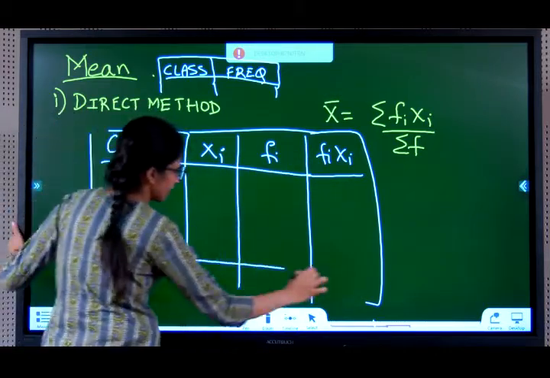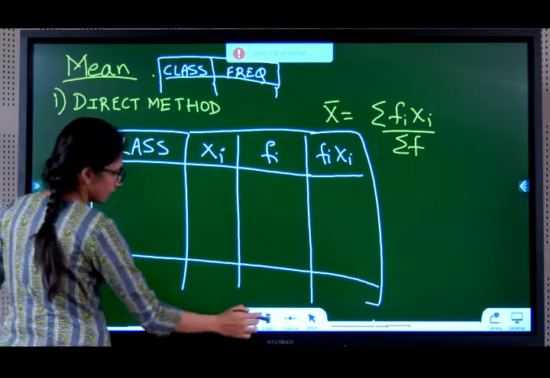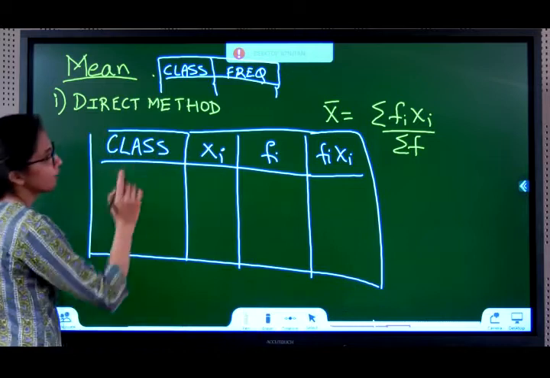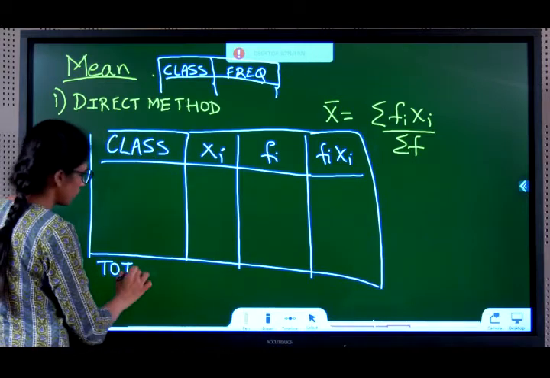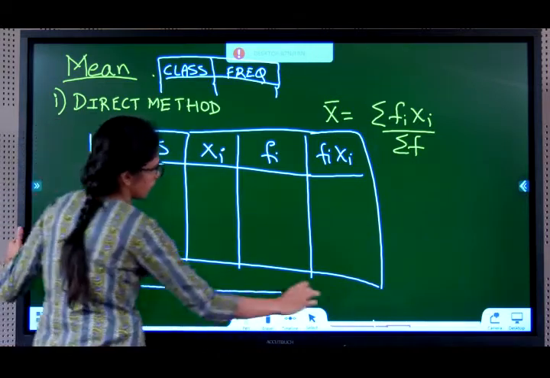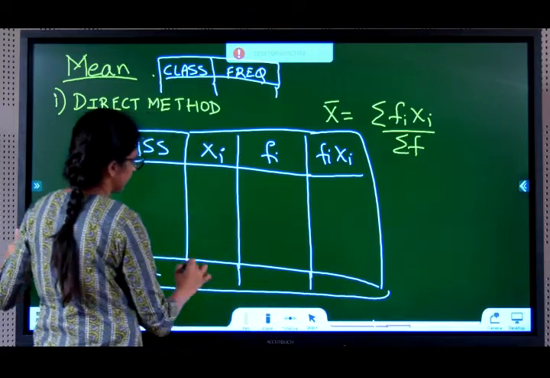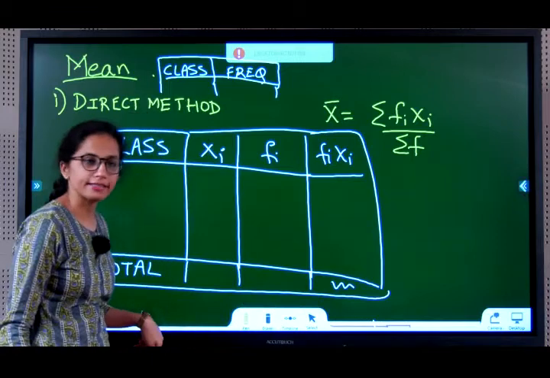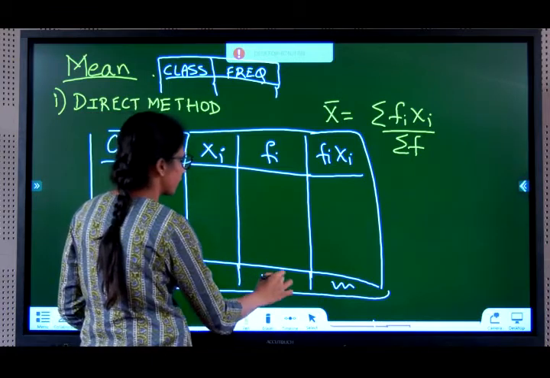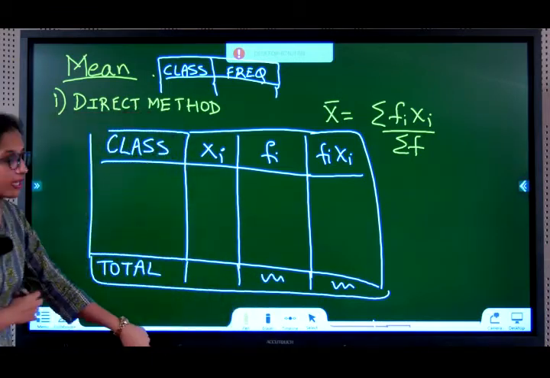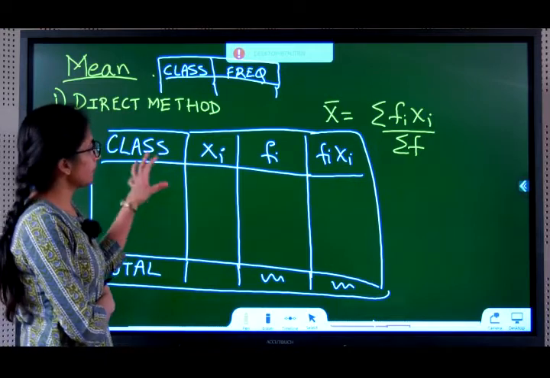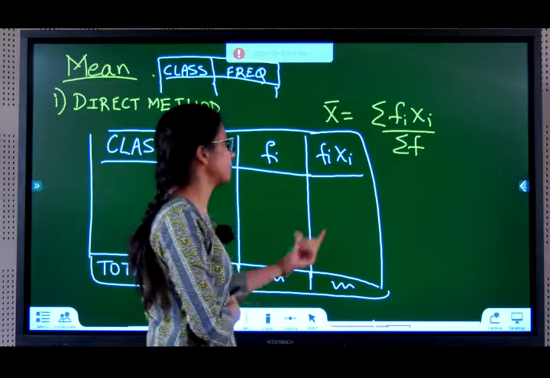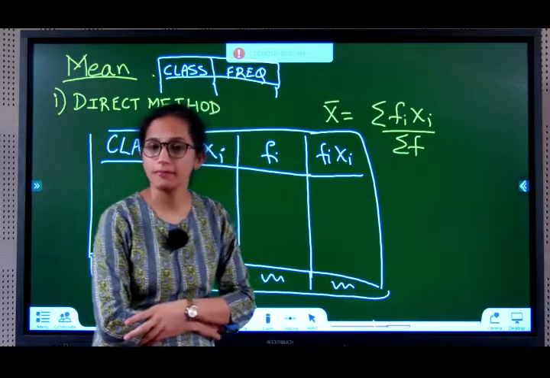So this finally gives us our table. For the formula, what do we need? We need summation fi xi, so find summation fi xi. We need summation fi, so find summation fi over here. Once you find these, simply substitute summation fi xi and summation fi, and you get your mean value.